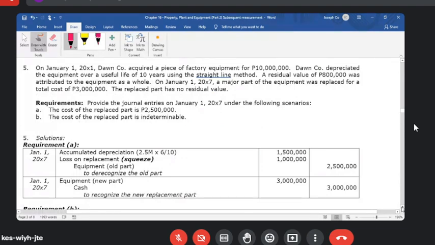On January 1, 20X1, Dawn Company acquired a piece of factory equipment for 10 million peso. Dawn Company depreciated the equipment over a useful life of 10 years using the straight line method.